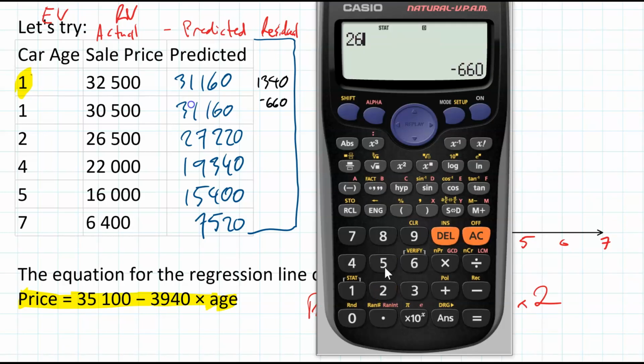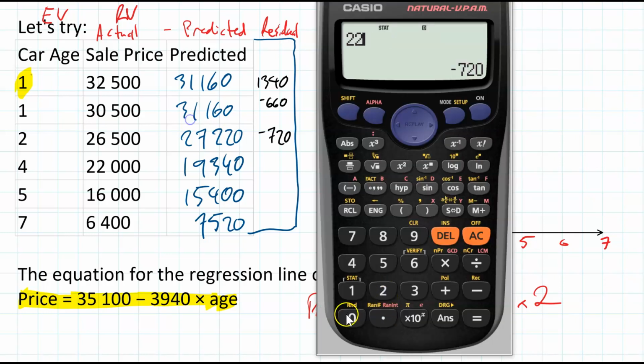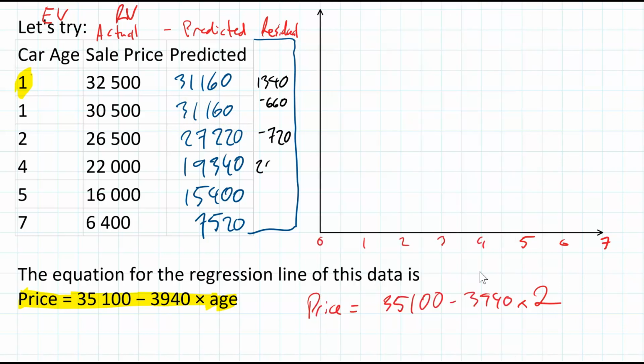And the next one, 26,500, take away 27,220, negative 720. And 22,000, take away 19,340 is 2,660. It's a big residual.